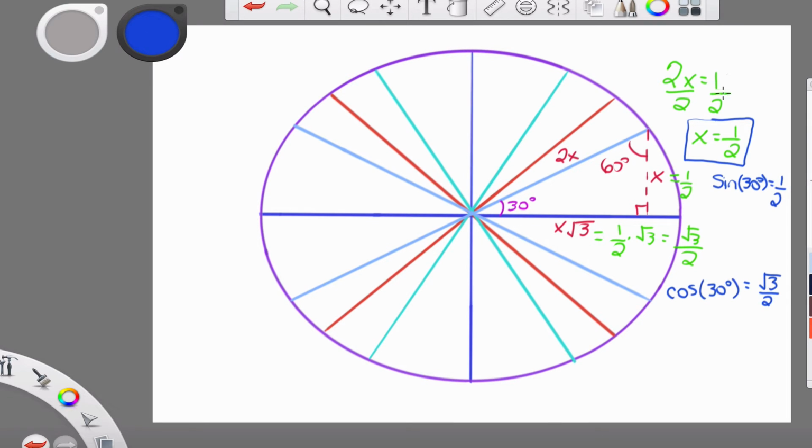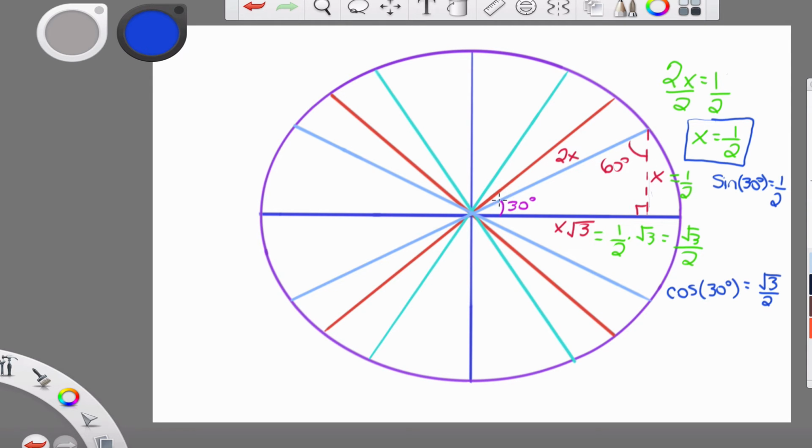I want to point out something important. The vertical height of this triangle was denoted by x. It represents the height of the triangle. Since we're in the first quadrant, this will be a positive value. That's why x equals positive 1/2.